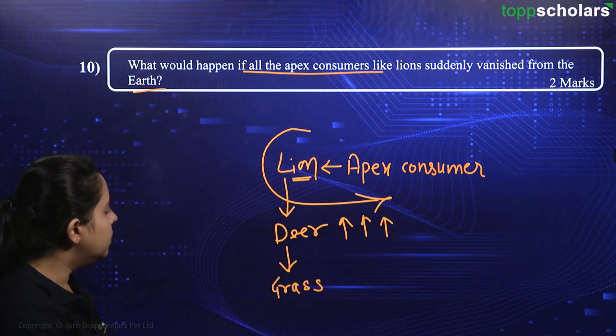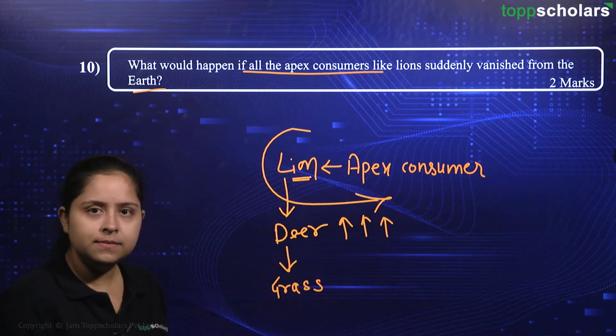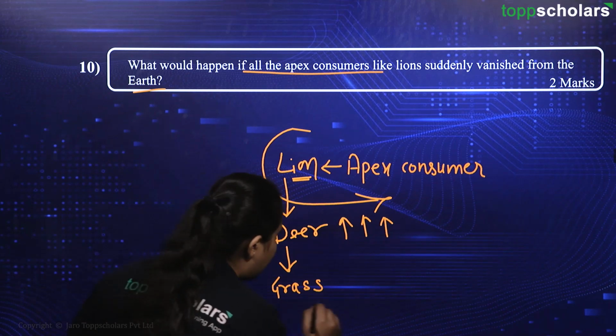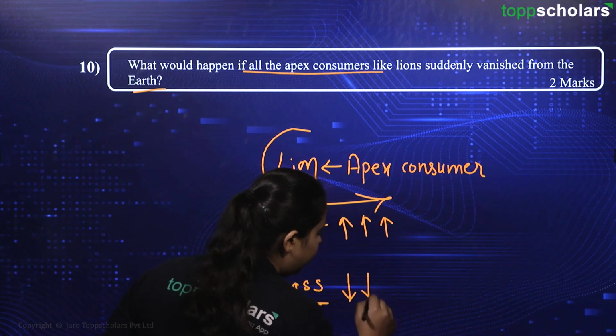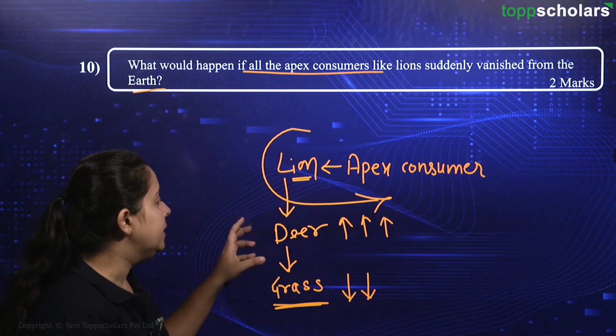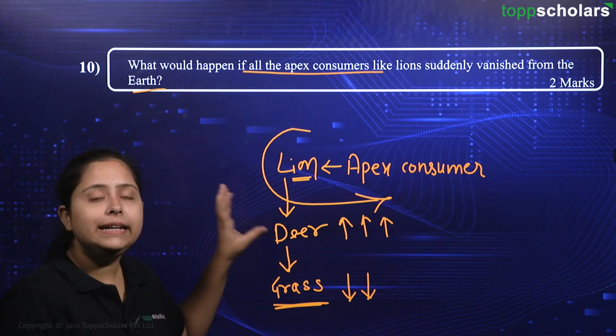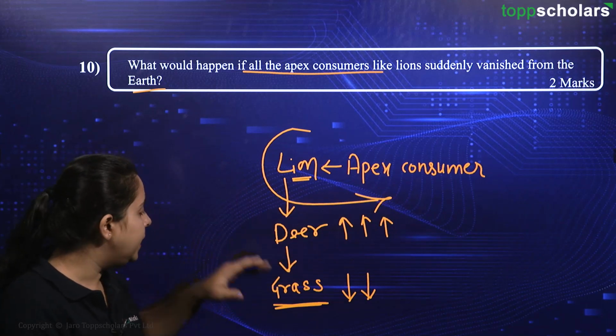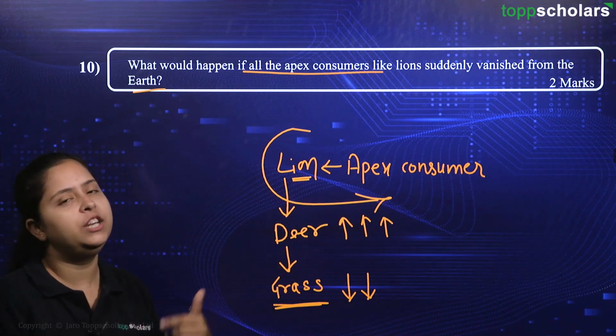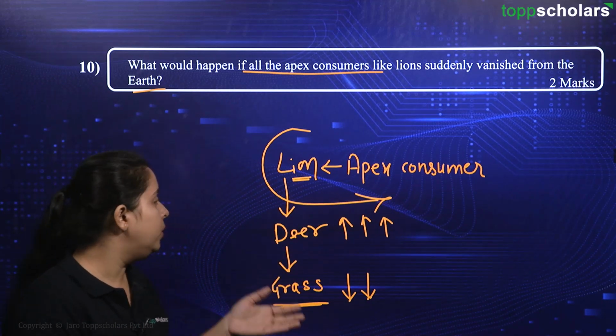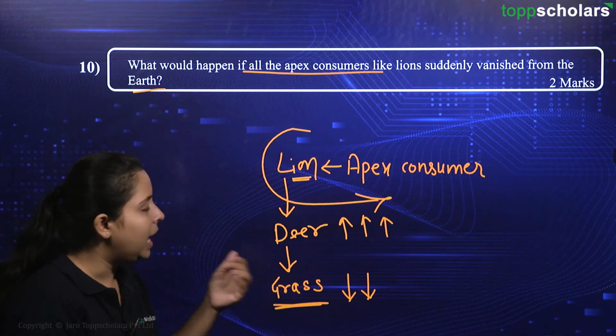These deer are eating the grass, right? So, the grass population will decrease significantly to accommodate the increased population of deer. This increased population of deer will lead to the vanishing of the grass population as well.